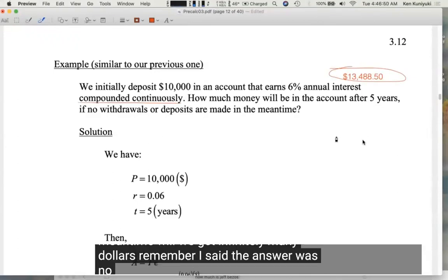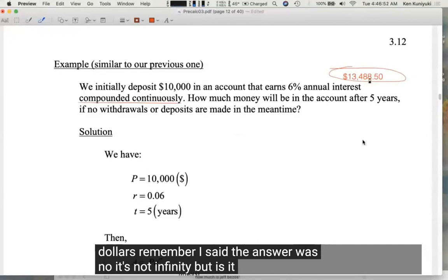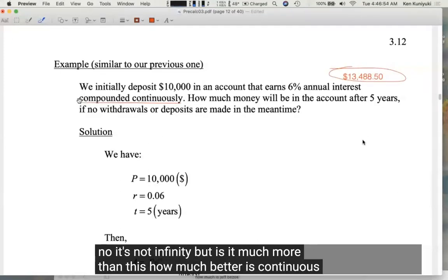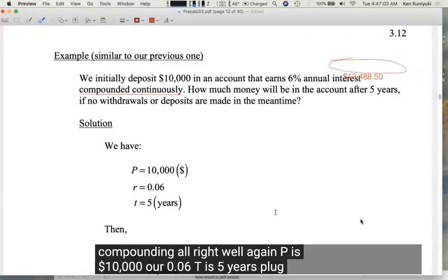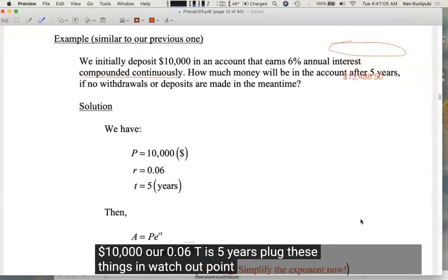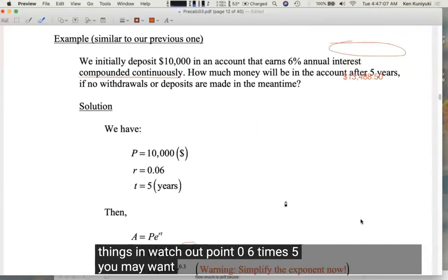Remember, I said the answer was no, it's not infinity. But is it much more than this? How much better is continuous compounding compared to monthly compounding? All right, well again, P is $10,000, r is 0.06, t is 5 years. Plug these things in. Watch out, 0.06 times 5, you may want to process that first.